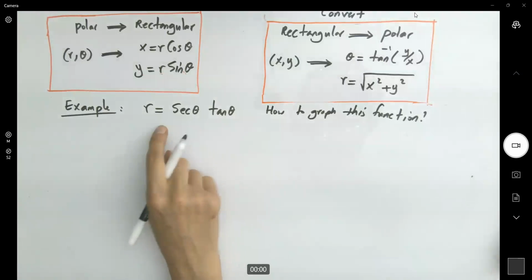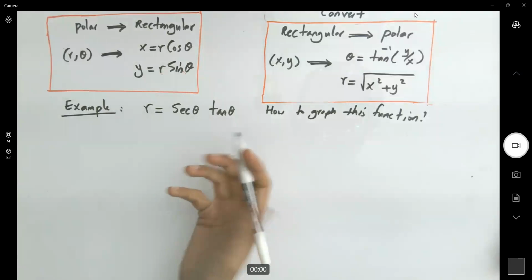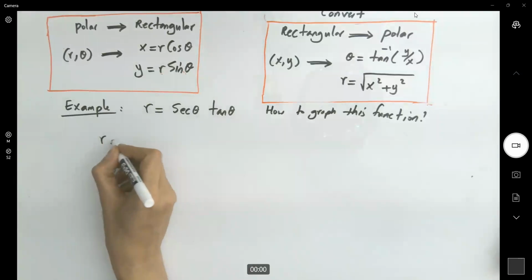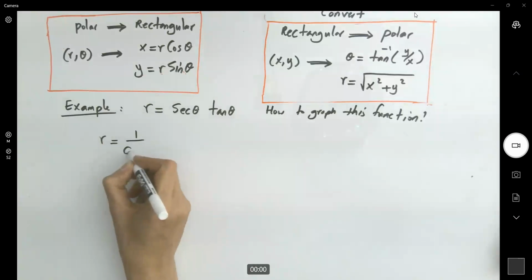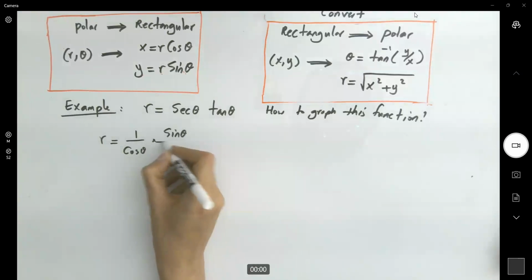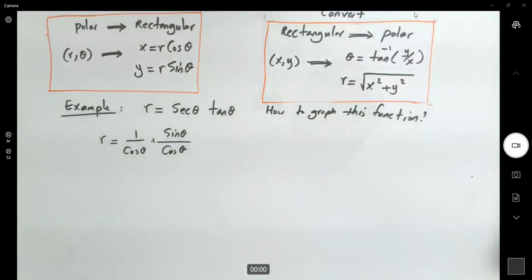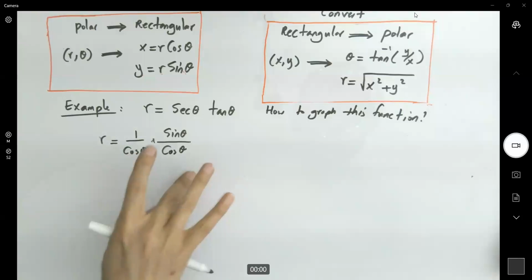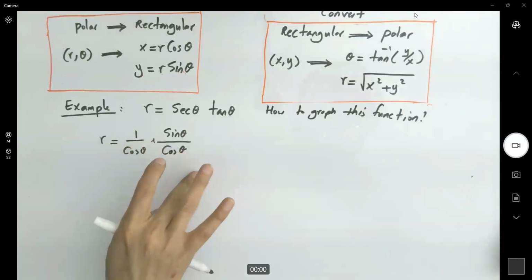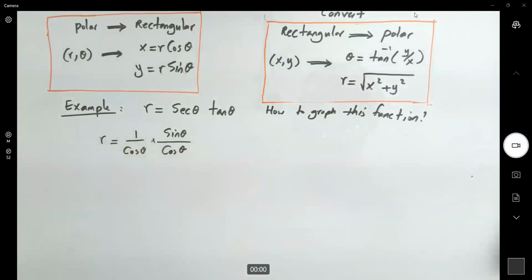You might say that this can be written as secant, which is 1 over cosine theta, and tangent is sine theta over cosine theta. I'm trying to get rid of r and theta and convert that into x and y. This is what we're trying to do.